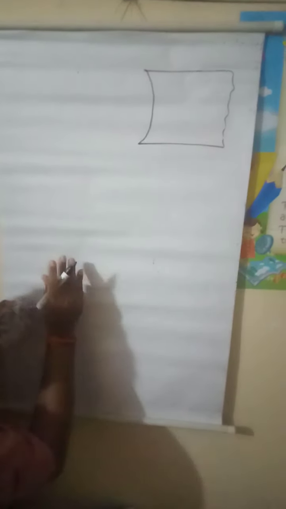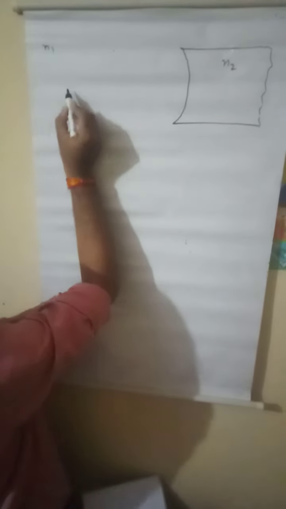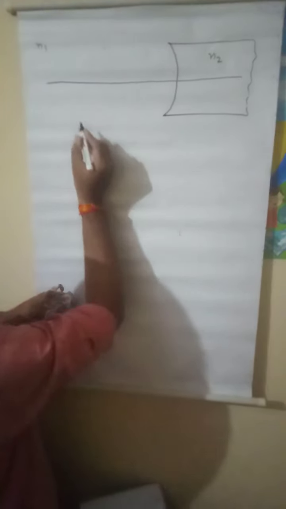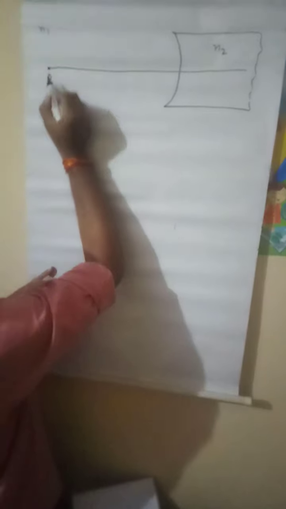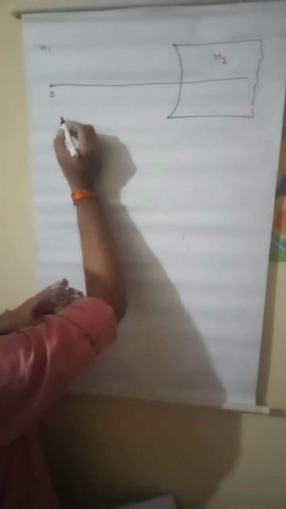Let the material of the spherical surface have refractive index n2 and the medium in which it is placed have refractive index n1. This is the principal axis. Let point O be a point object placed on the principal axis.